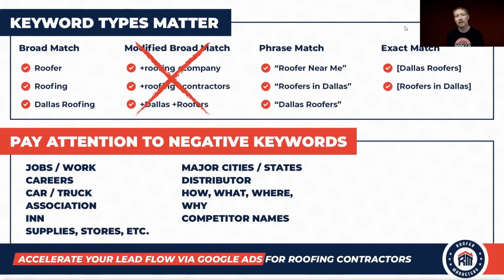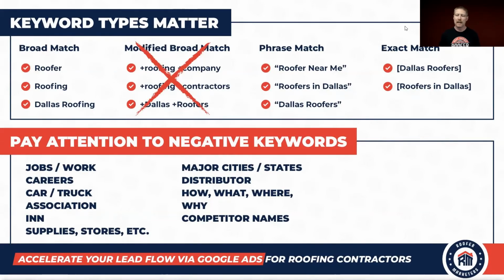You also want to negative keyword out things like how, what, where, why. You want to negative keyword out as many of your competitors' names as possible. And you want to negative keyword out major cities and states.